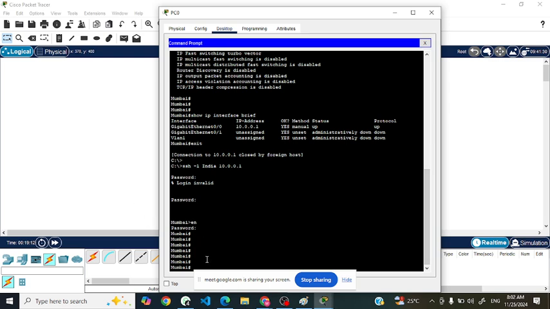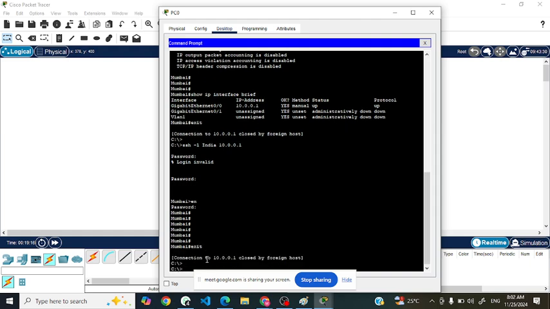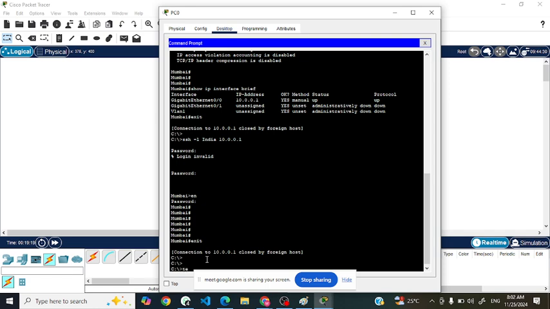Ravi Shankar, will we be able to take Telnet access of this router or not? We have configured SSH. No sir, transport input telnet, sir.